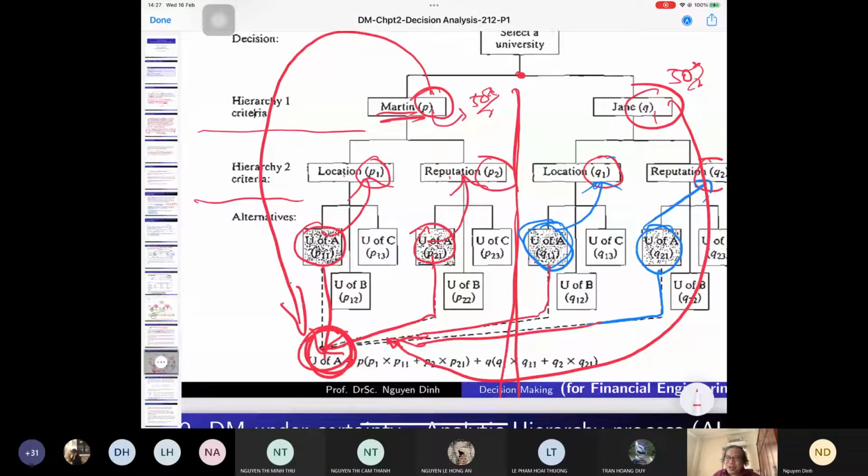And you get three numbers. These numbers are the composite weights of both Jane and Martin, including the weights of the ideas of Martin and Jane, P and Q. So you have the composite weights of A, B, C, and you compare which one is the highest, then that is good for both Martin and Jane. Is that okay?